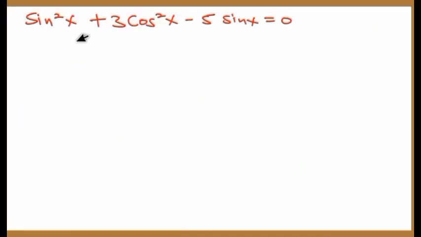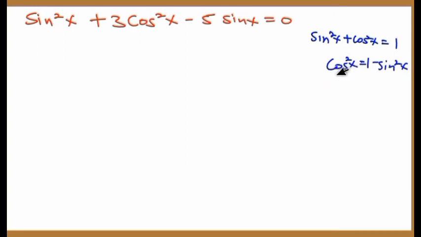From here we also know the trig identity sin squared x plus cos squared x equals 1. Making cos the subject, cos squared x equals 1 minus sin squared x.